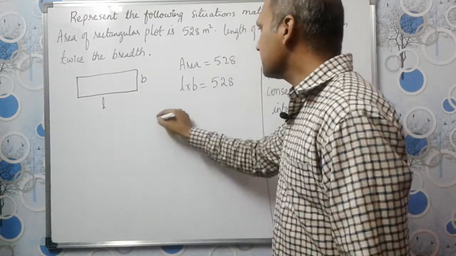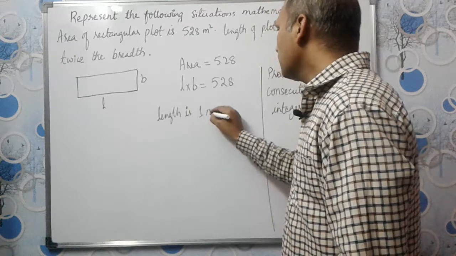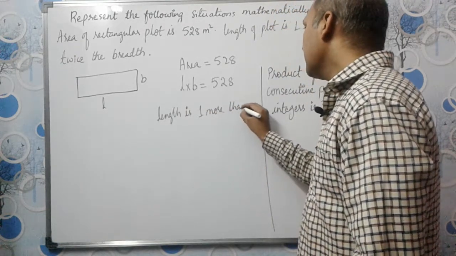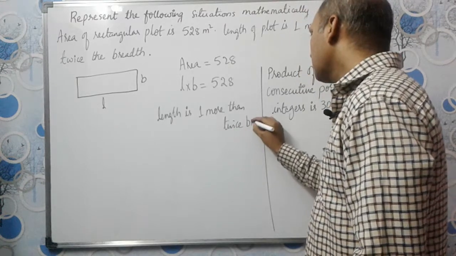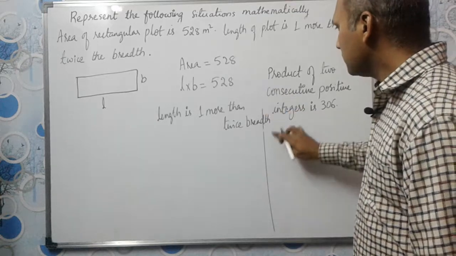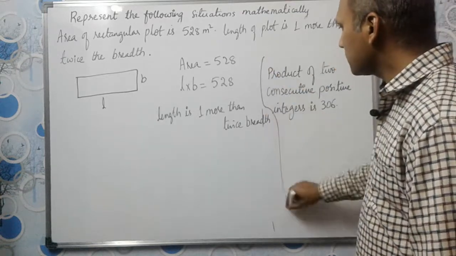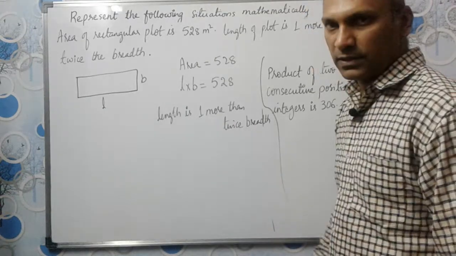Let me write this sentence here. Length is 1 more than twice the breadth. This is a different question. After solving this one, we'll come to this question. Okay, length is 1 more than twice the breadth.